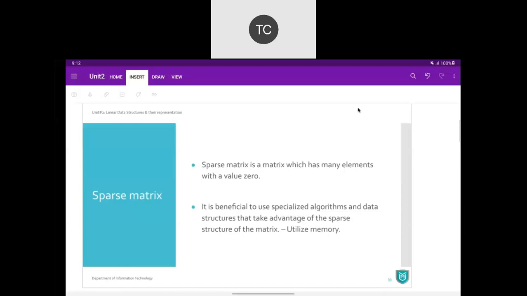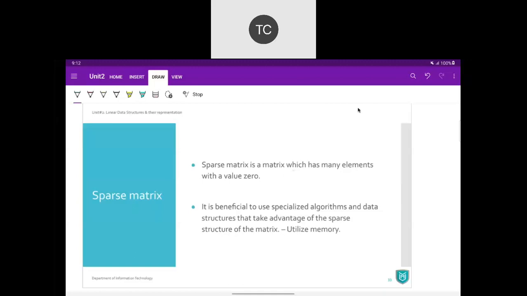Well, if you consider a two-dimensional array, or let's consider a matrix, and within that 2D array you have fewer elements to store data, and the remaining other elements are just null, nil, or zero, which is not required actually. Well, in that case, we can say it's a sparse matrix. So what is a sparse matrix?